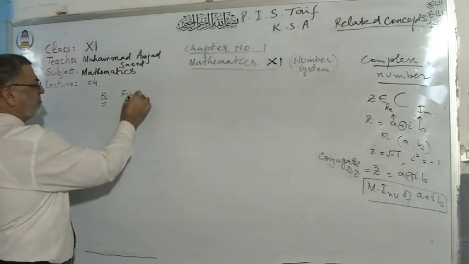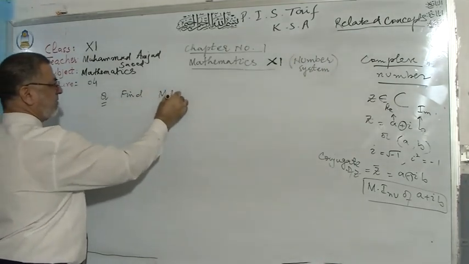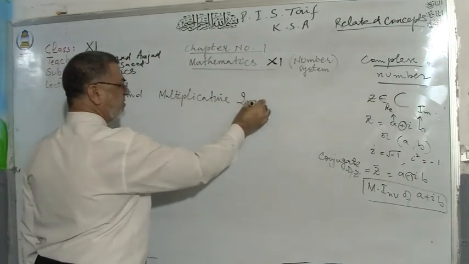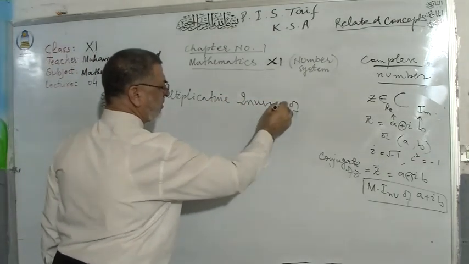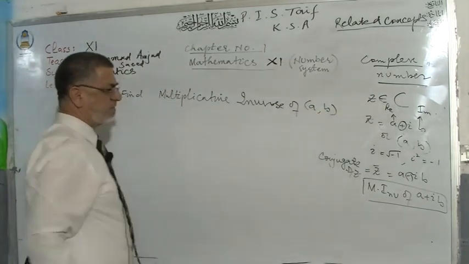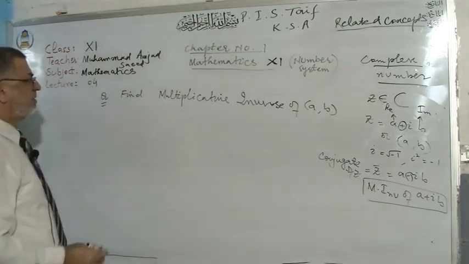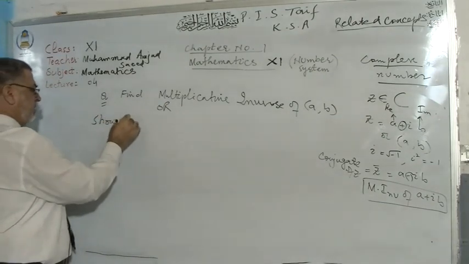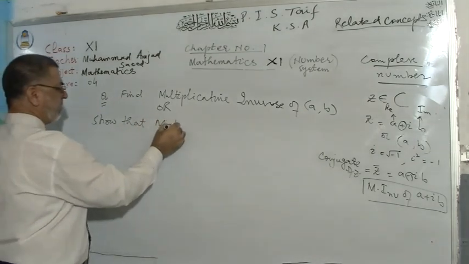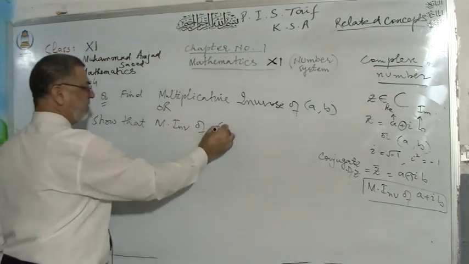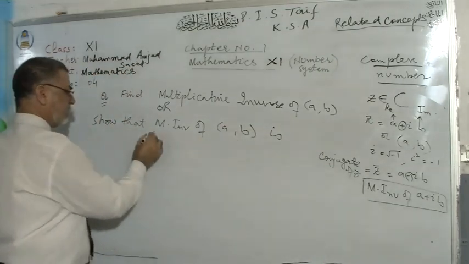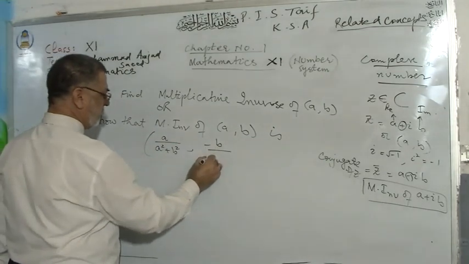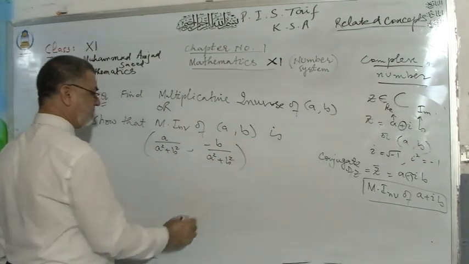Find the multiplicative inverse of a plus iota b, or show that the multiplicative inverse of a plus iota b is a over a square plus b square and minus b over a square plus b square.